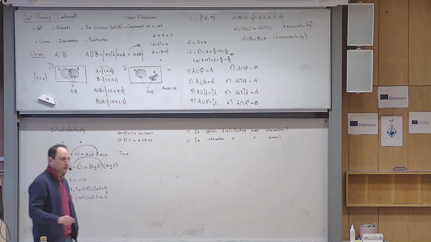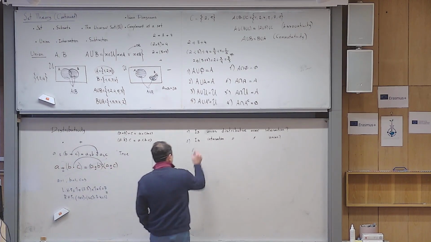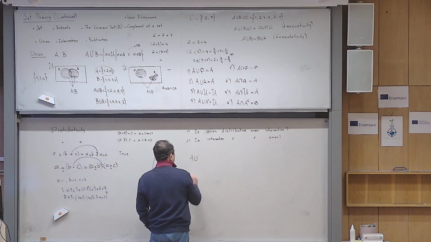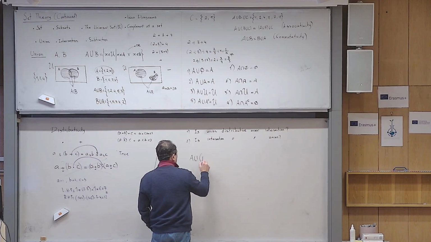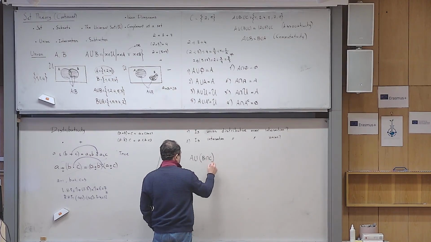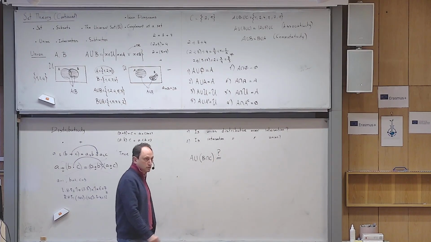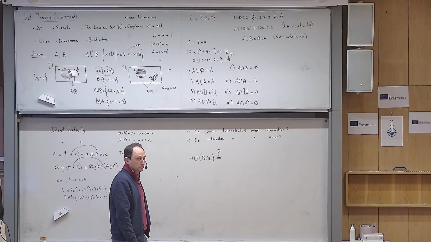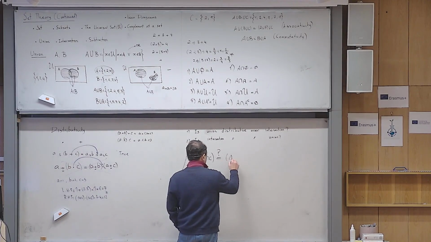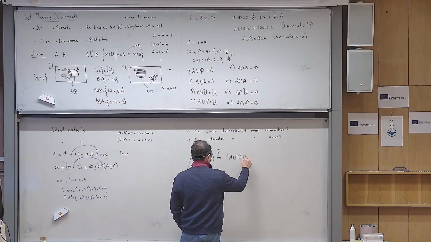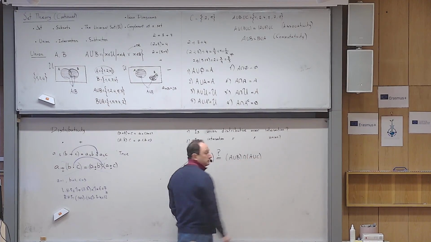Yes? Is it A union, brackets B intersection C, is equal to what? Is equal to A union B, intersection, A union C. Yes.